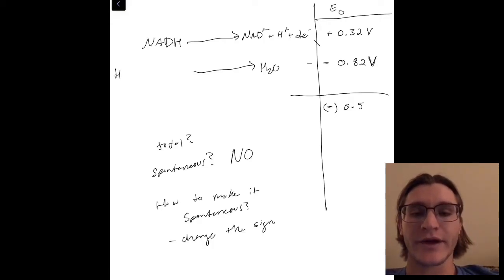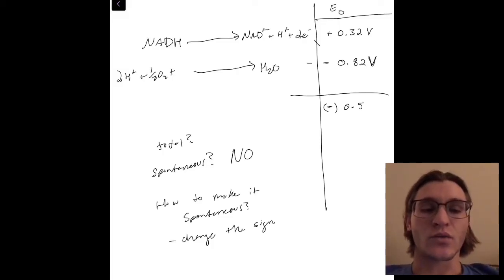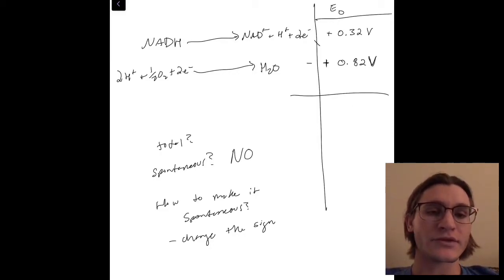So we flip the reaction, and I'm going to have to erase that to make more room, because we're having 2 hydrogens plus 2 electrons plus half an O2 to make 1 oxygen, because there's only 1 oxygen in water. And then we need to flip the sign, so now it's 0.82 positive volts.